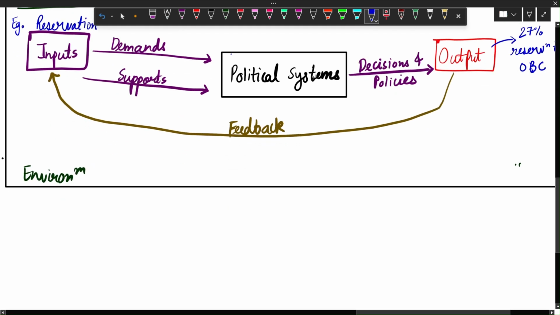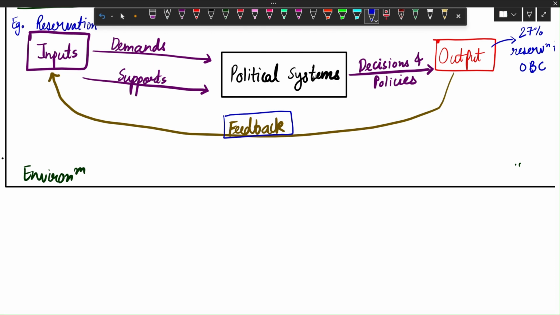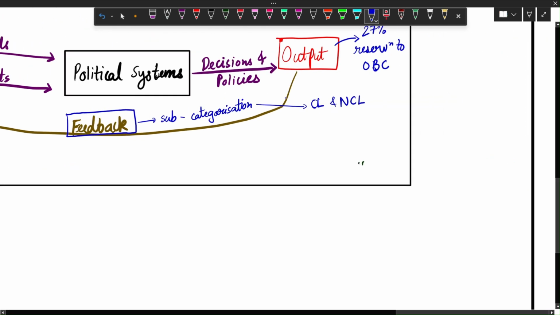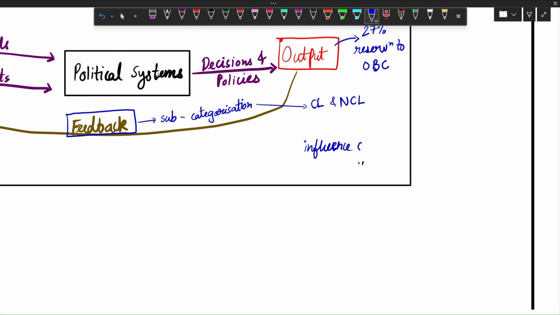For example, the decision and policy says that around 27% reservation is to be allocated to OBC. But in OBC, not every caste is economically backward. So in order to have better inputs for the next demands, the feedback is that subcategorization of OBC into creamy layer and non-creamy layer is required.